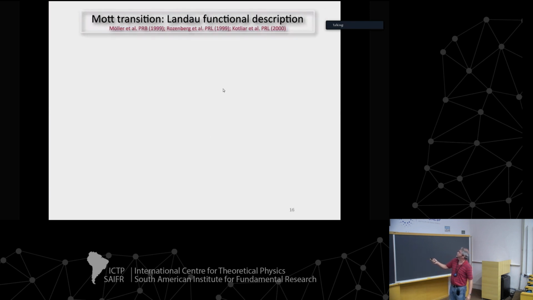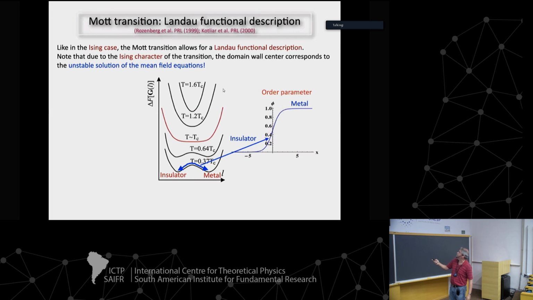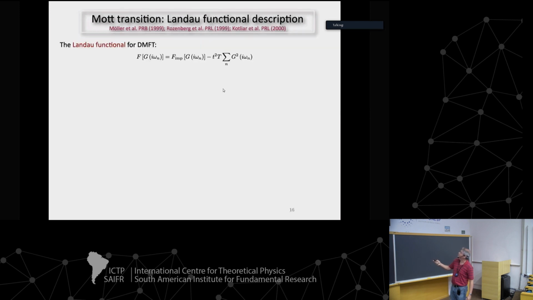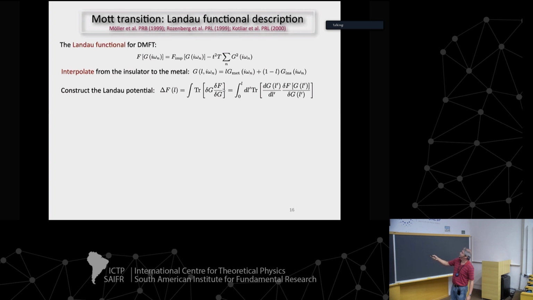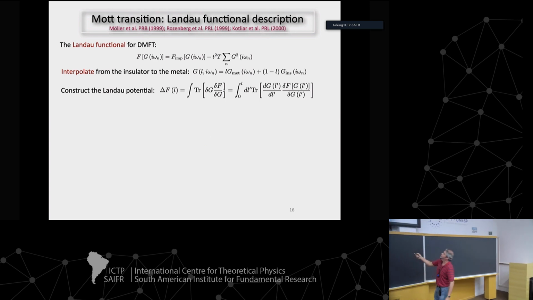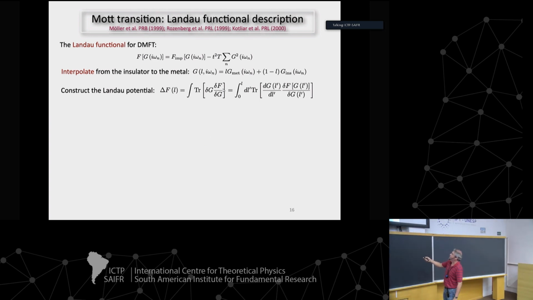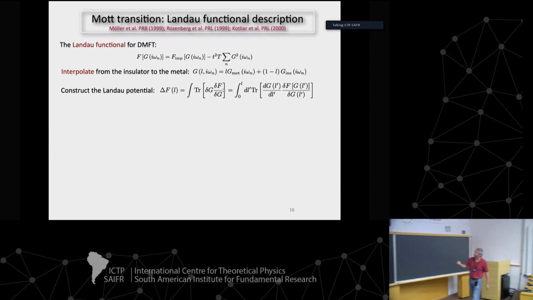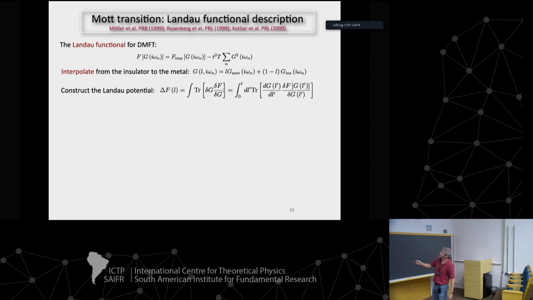Okay, like this. And then you can use the functional form here to go, if you start, for instance, from the metal, you can calculate the variation of the functional, of the free energy, as you cross from one side to the other by varying this L parameter here.